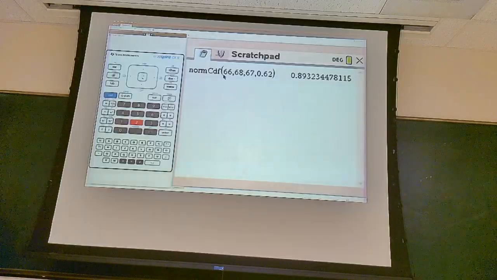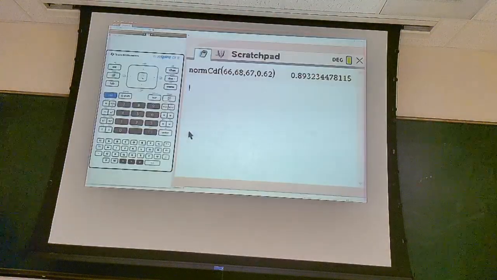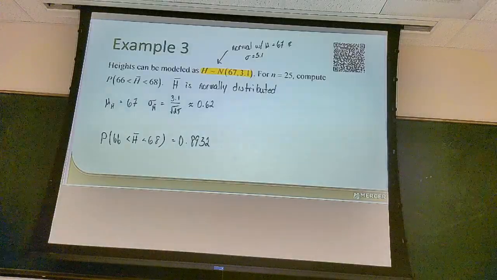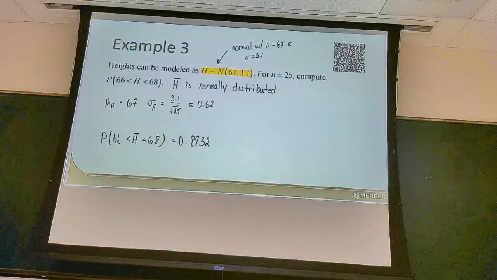That's a probability of 0.8932. And it should go without saying, right, that you should practice getting these values on your calculator. Make sure you know how to do it.